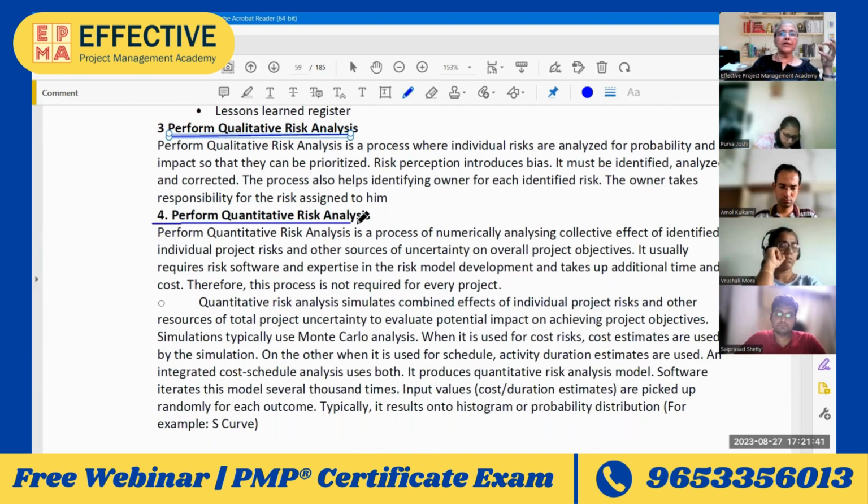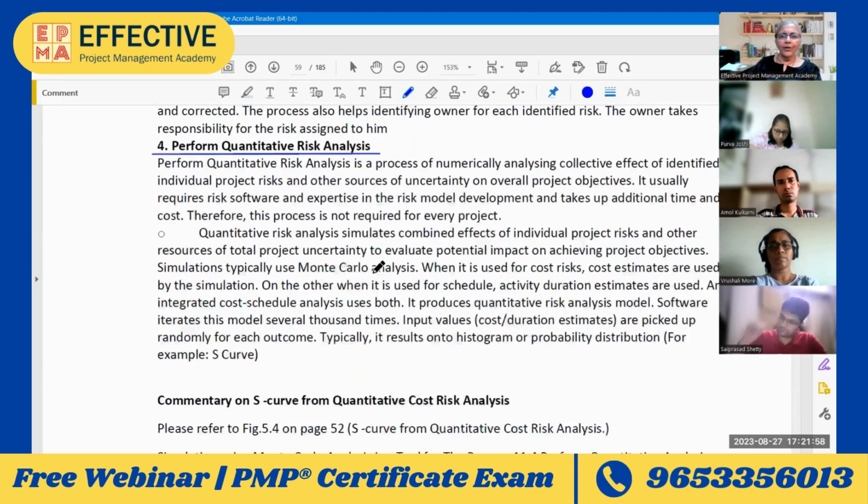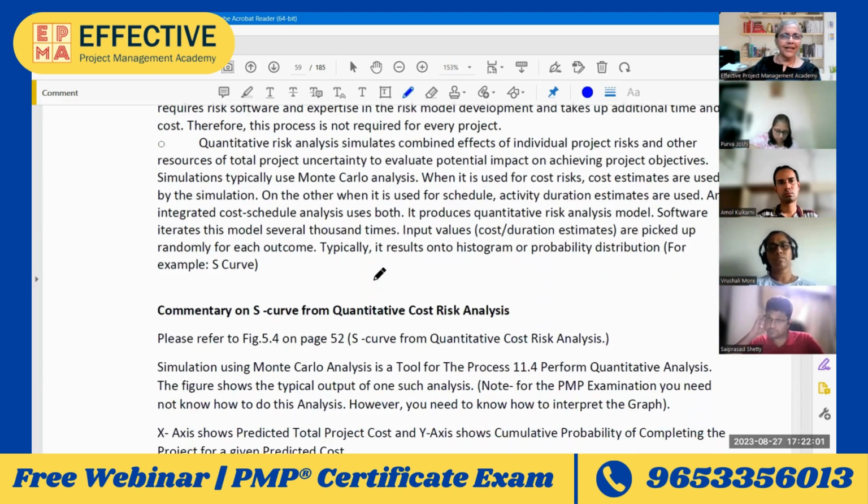Performing quantitative analysis, looking at your entire project and realizing how risky your project is, total project is. So you are looking at all the risks together and deciding how risky your total project is.